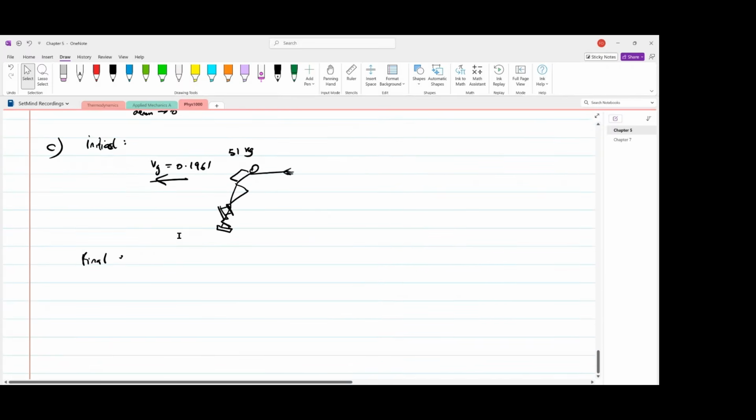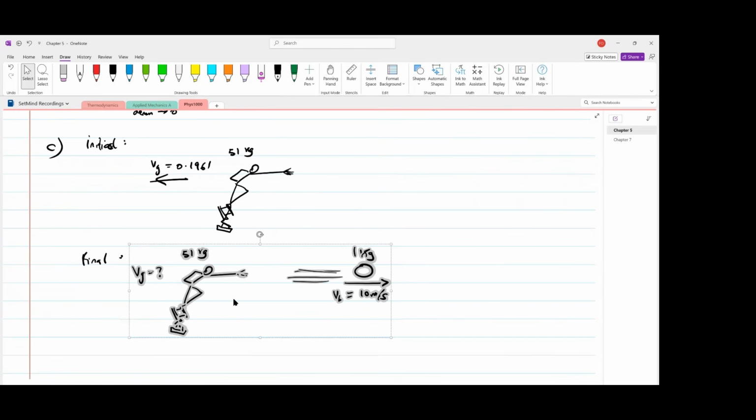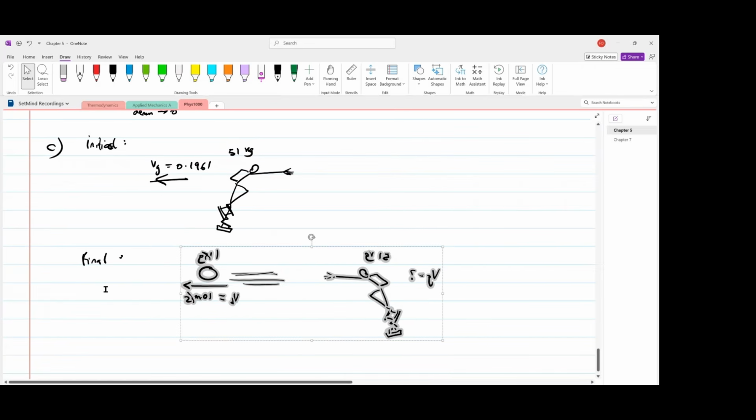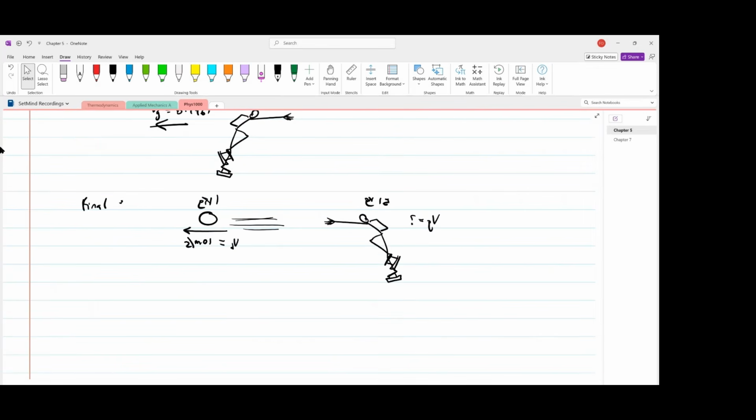She's 51 kgs, so she threw a second ball, which means she's now going to be 50 kgs. I just flipped the image because I wasn't going to try it again. So now this is 1 kilogram and it is thrown at 20 meters per second.